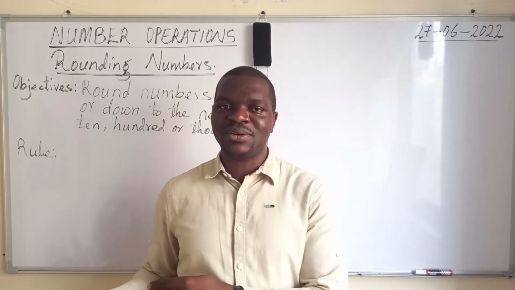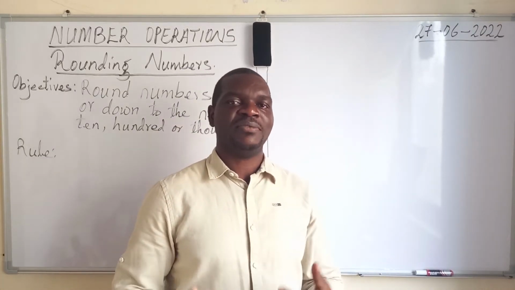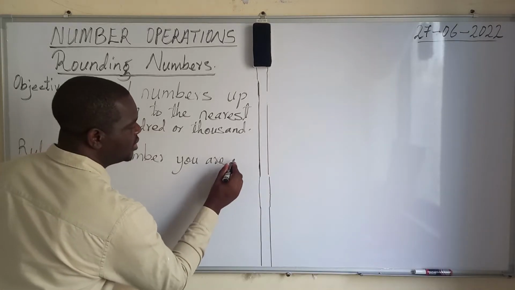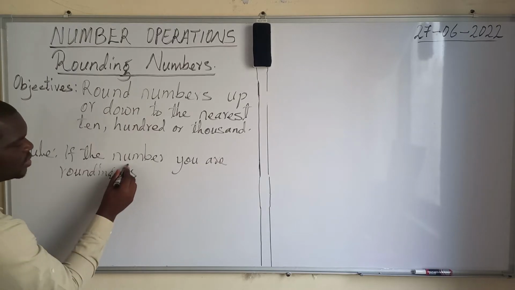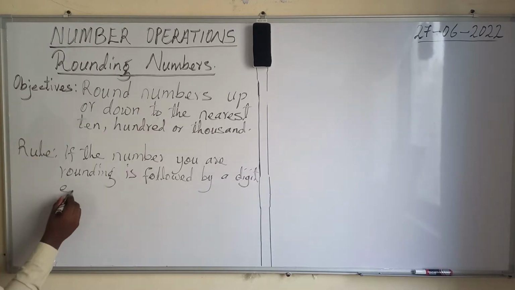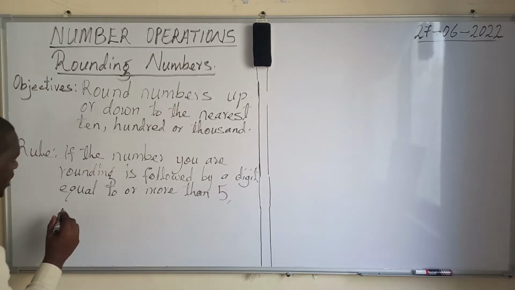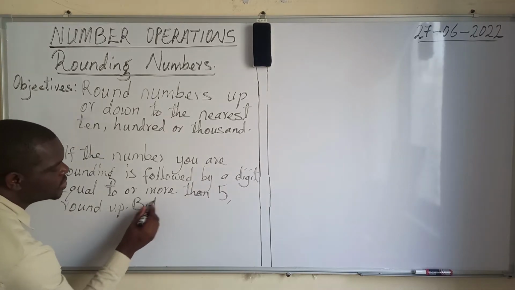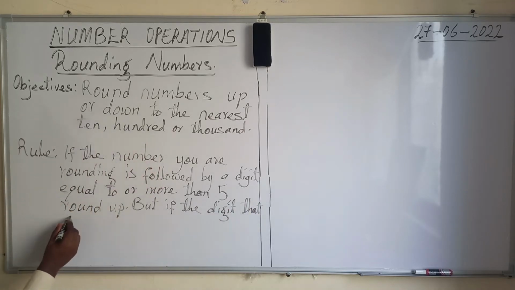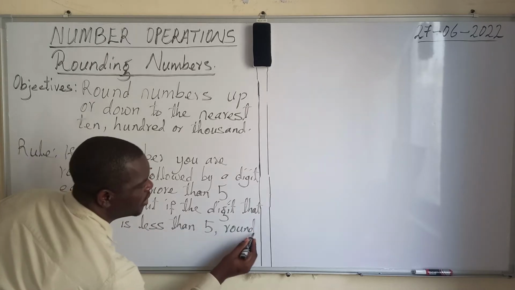So I'm going to write this down, and in our examples, we are going to see practically what the rule means. If the number you are rounding is followed by a digit equal to or more than 5, round up. But if the digit that follows is less than 5, round down.